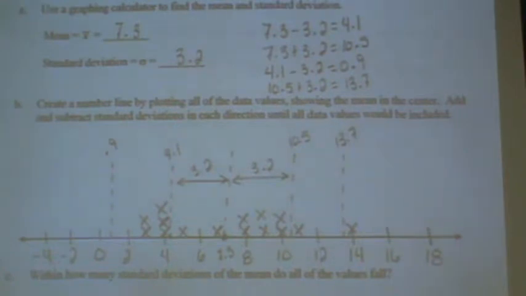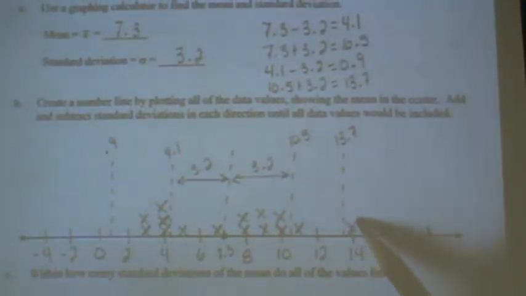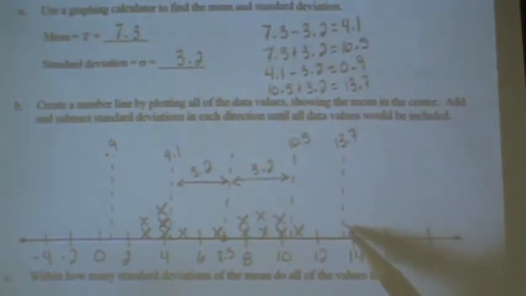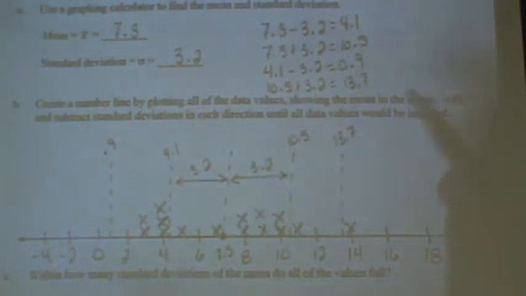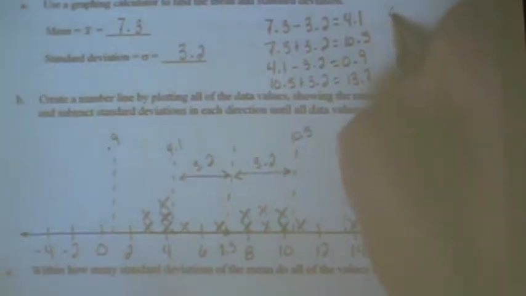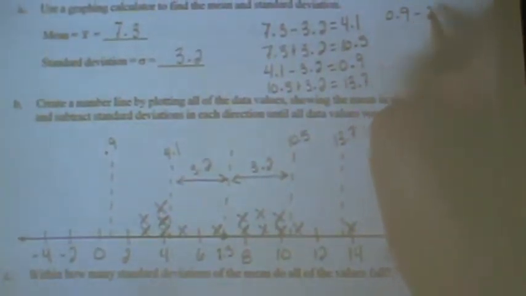Now, again, we need to look. Are all of our data points included within those 2 standard deviations? They're not. We have a point still right here that's just outside of that standard deviation. So now we're going to have to do a third standard deviation. We're going to take our lower number, our 0.9, and subtract the 3.2.